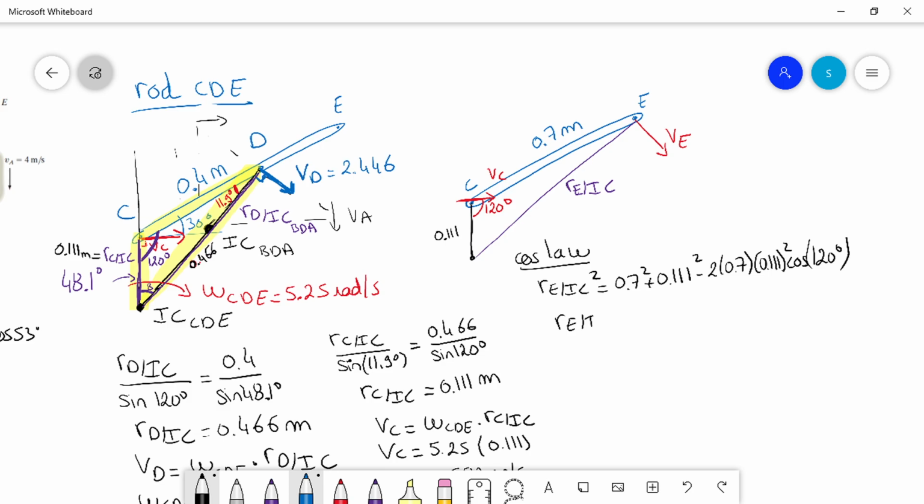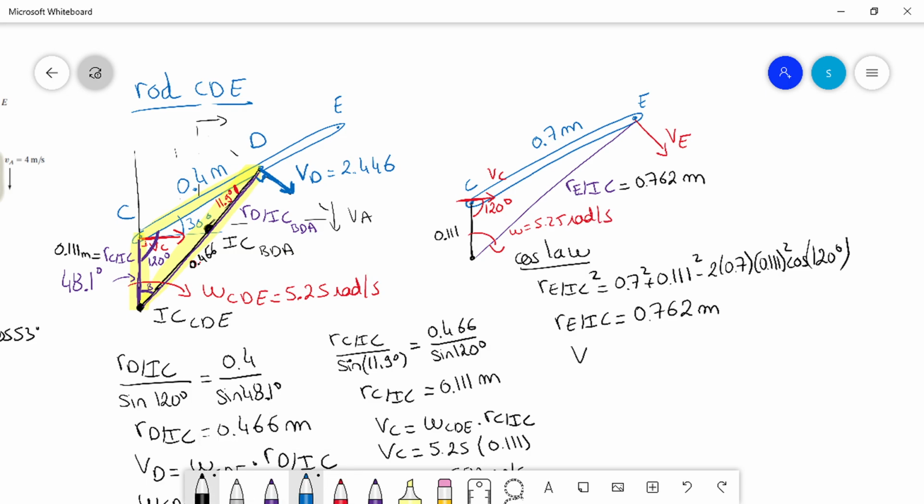We got RE about IC. Let's check, I want to make sure I don't make any mistakes. 0.7 squared plus 0.111 squared minus 2 times 0.7 times 0.111 times the cosine of 120 degrees. That's 0.762 meter, this distance. Okay, and we know the omega is 5.25 rad per second.